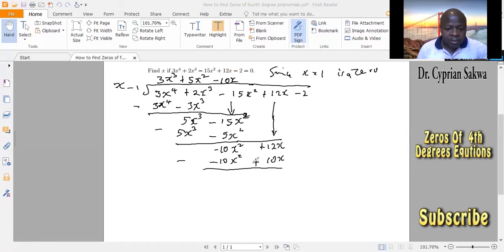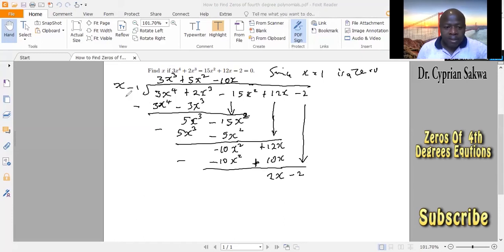Give us positive, not minus. So subtracting this, I have 0 in this position and 2x here. Then bring this one down. I have minus 2.